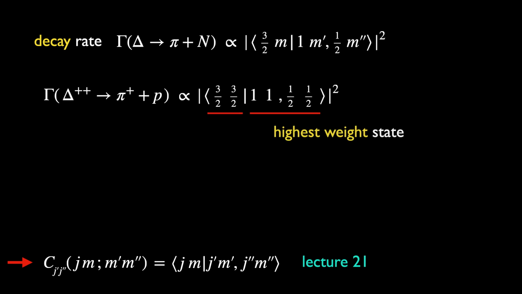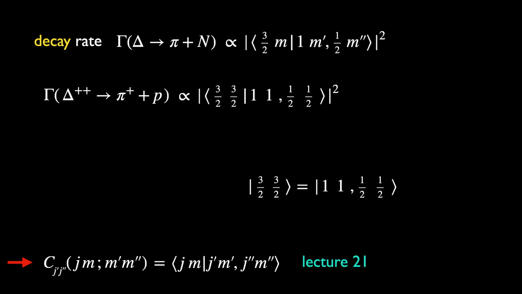They both are the highest weight state in the multiplet, with T equals 3/2. Assuming that both states are normalized, the square magnitude of their bracket must be equal to 1. And the decay rate is just the constant of proportionality, which is independent of isospin. We denote this as gamma 0.